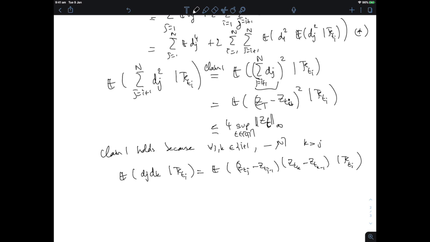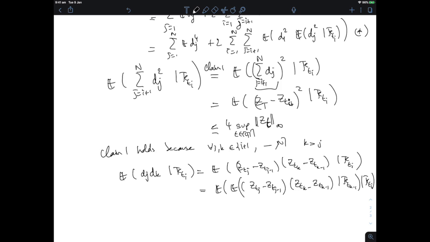And I could just use the tower property and condition on F_{t_{k-1}} first, because F_{t_{k-1}} would still certainly be above t_i. So this would be the conditional expectation of Z(t_j) minus Z(t_{j-1}) times Z(t_k) minus Z(t_{k-1}), and then condition that on F_{t_{k-1}}, and all of that conditioned on F_{t_i}.